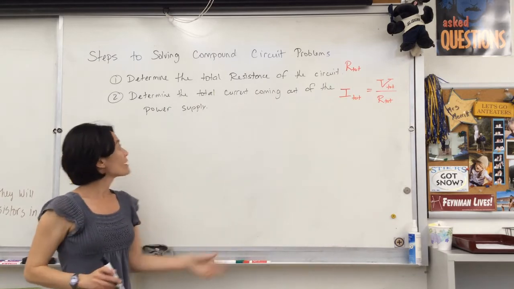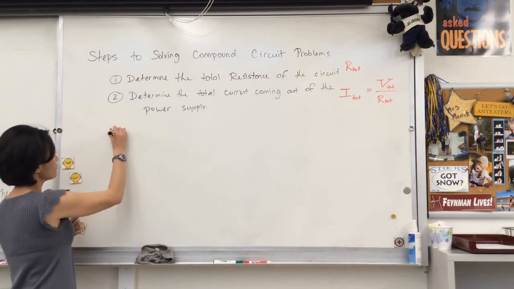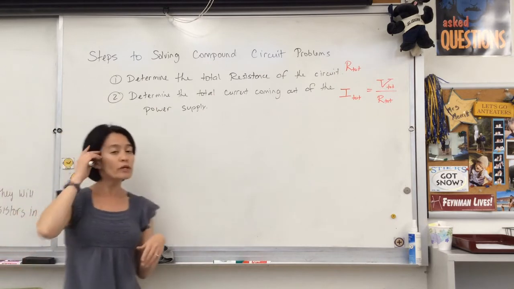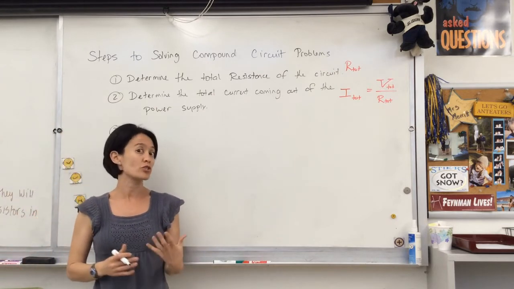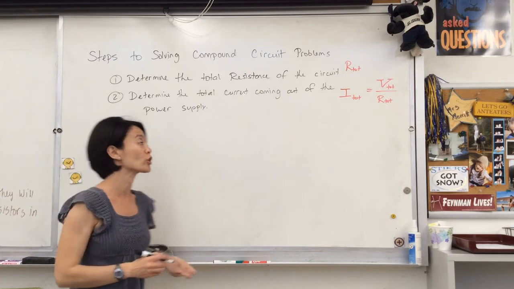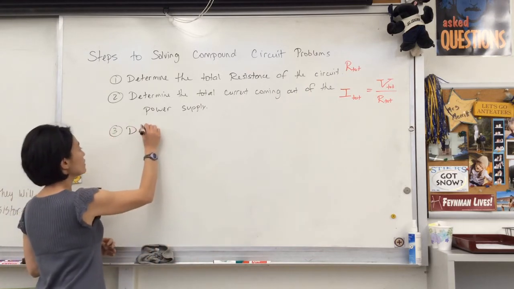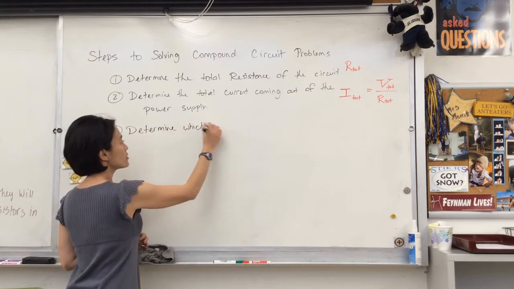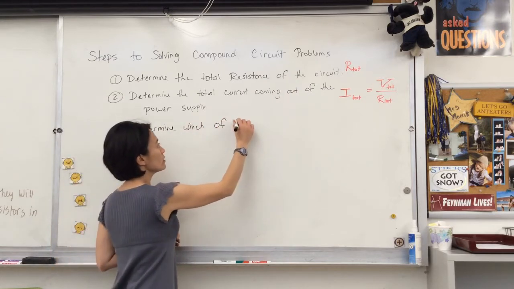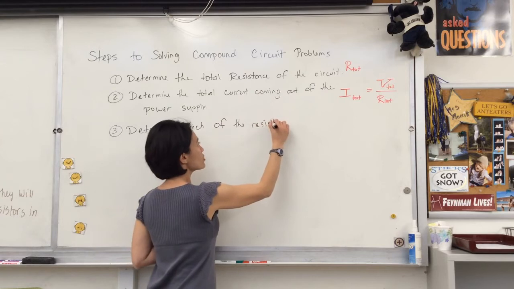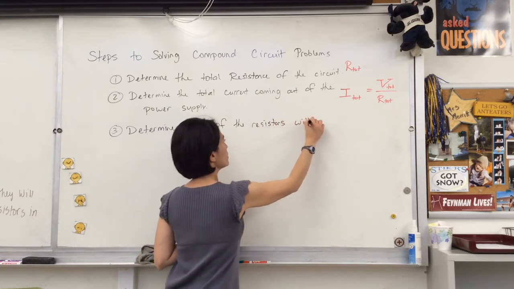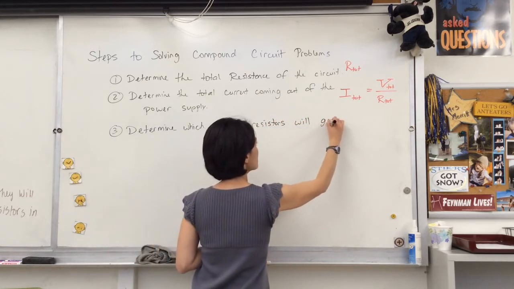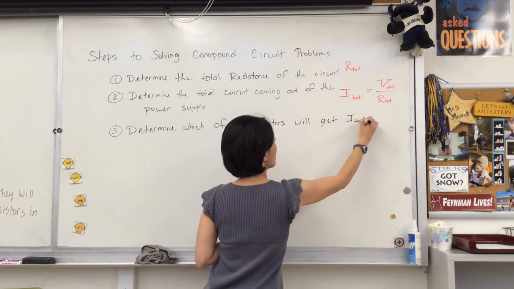Okay, now my third step is determine which of the resistors is going to get the total current from the power supply. Determine which of the resistors will get I total.